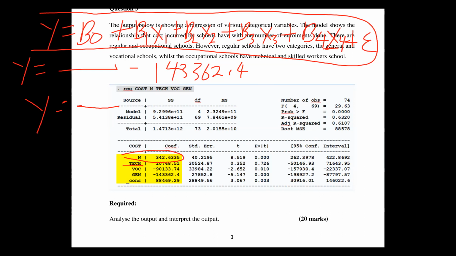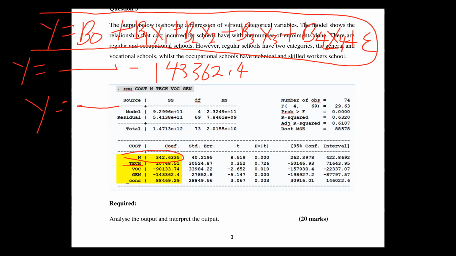Holding other variables constant, an increase in skilled enrollment by 342.6 will impact the increase in beta 4.